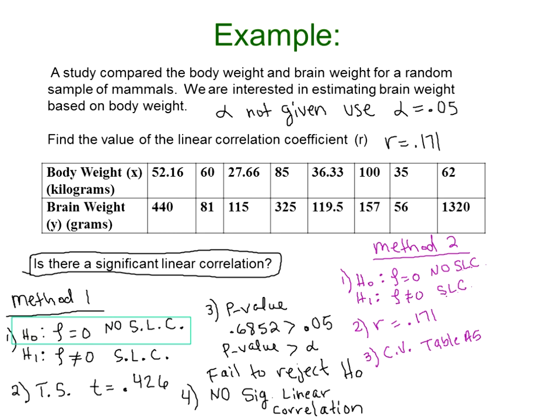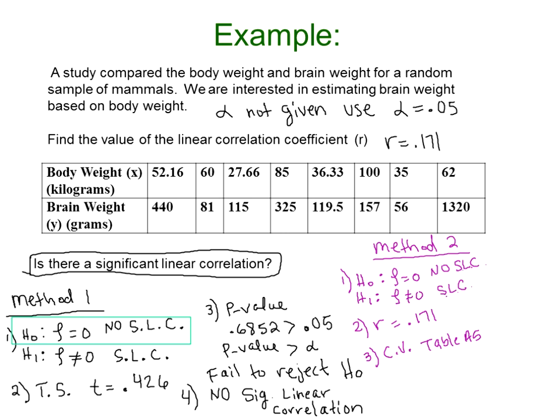I don't know why I see 8, so let me check it. So here's 1, 2, 3, 4. So you guys agree? 8? Yes? Okay, good. All right, so we have 8: 1, 2, 3, 4, 5, 6, 7, 8. Okay, so our sample size is 8.